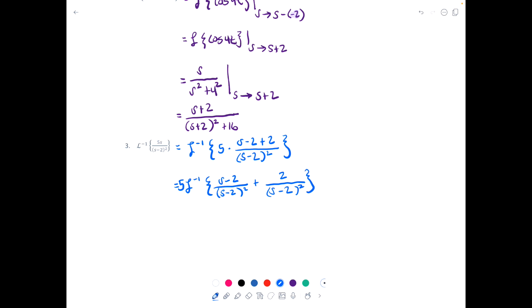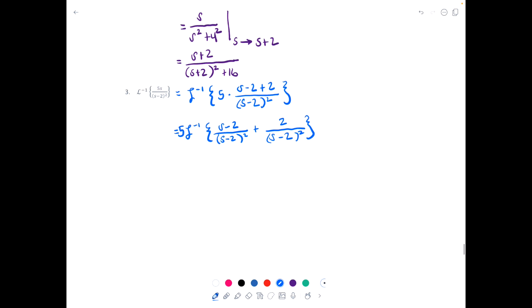Just splitting it up. Now we can certainly factor out the 2 from the second fraction within that expression. So we'll have 5 times the inverse Laplace transform of, I can reduce this. I have 1 factor here for my s minus 2. So we'll just have 1 over s minus 2 plus 2 times 1 over s minus 2, the quantity squared.